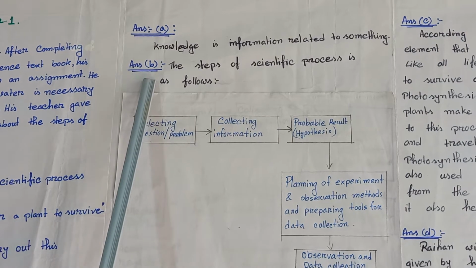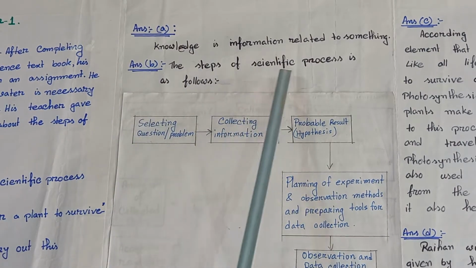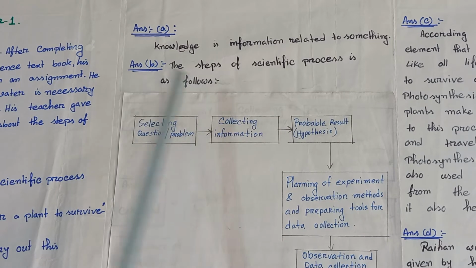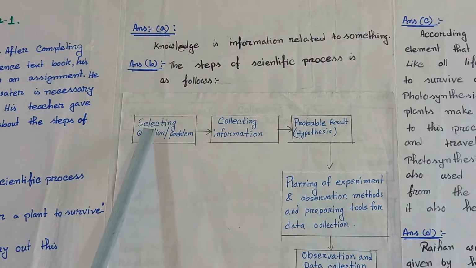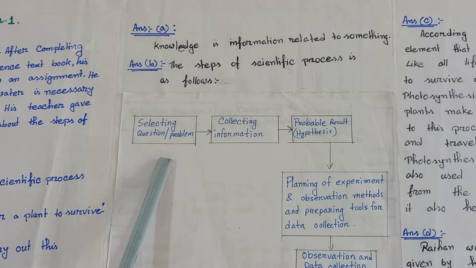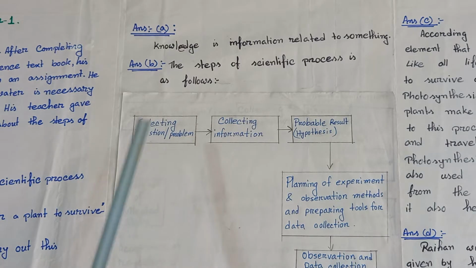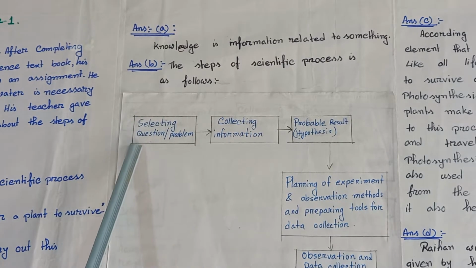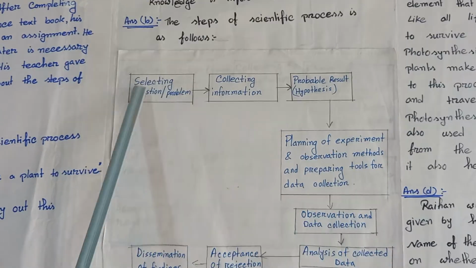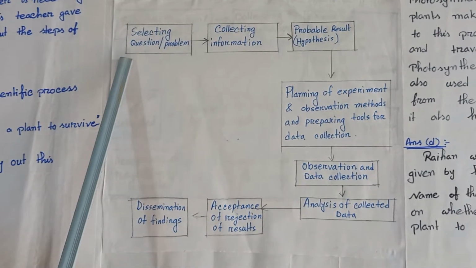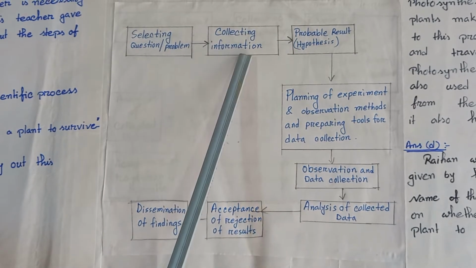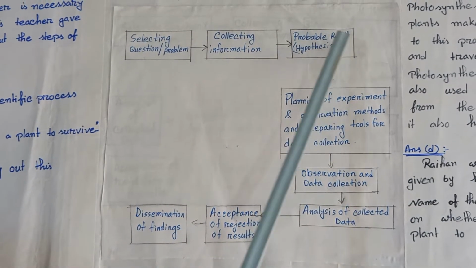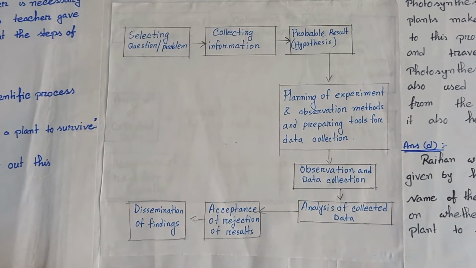And here is B number. The steps of scientific process are as follows. Students, you will get these steps in your book, page number 3, and I have written here also. Let's see. At first, here is the flow chart. First step here is selecting question or problem. Next is collecting information, and then probable result or hypothesis.